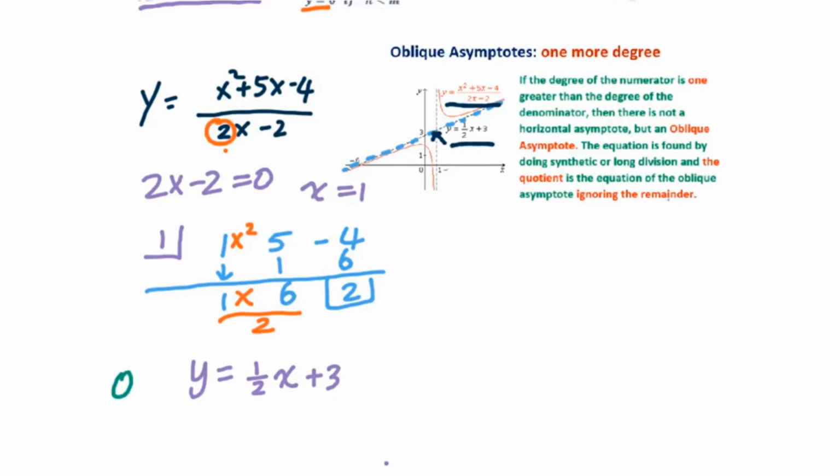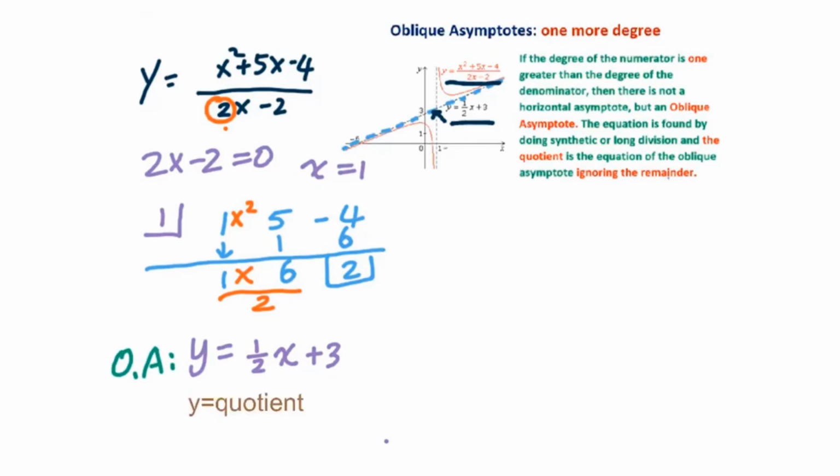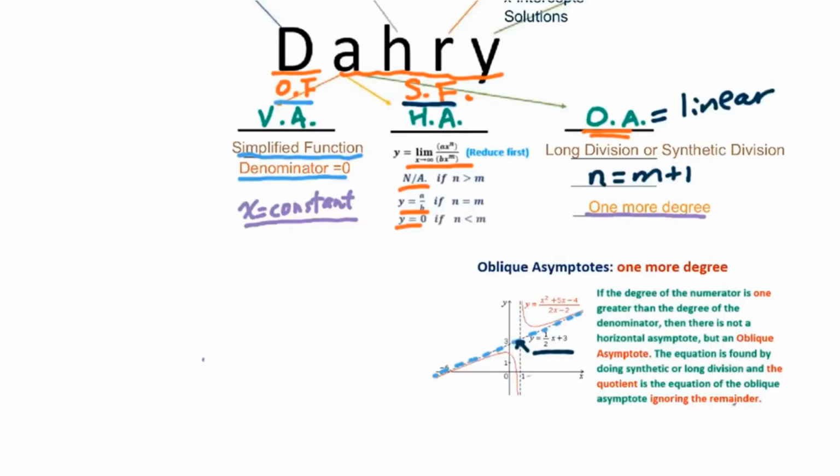This will be the oblique asymptote line. So we need to remember the oblique asymptote will be y equals the quotient. For the horizontal asymptote line and the oblique asymptote line, just remember either or neither. They never happen at the same time.